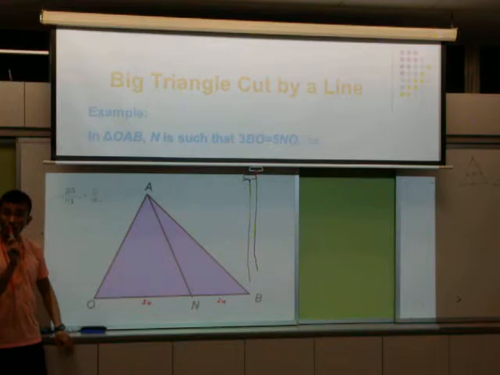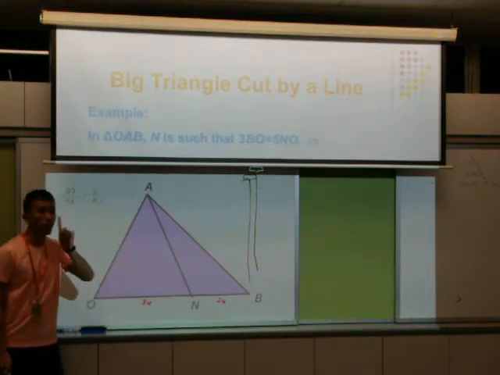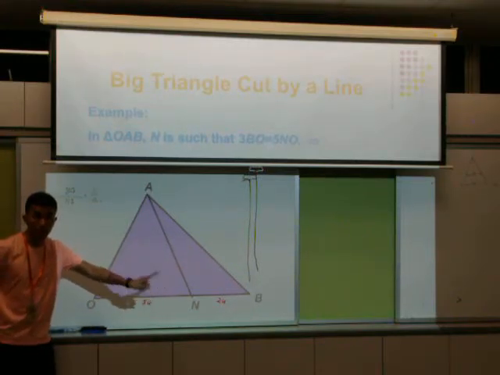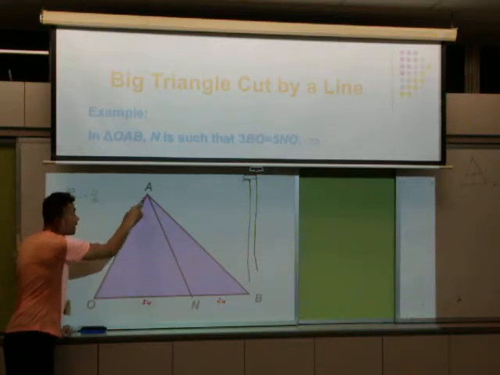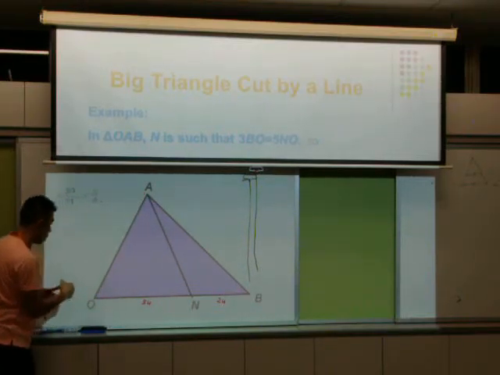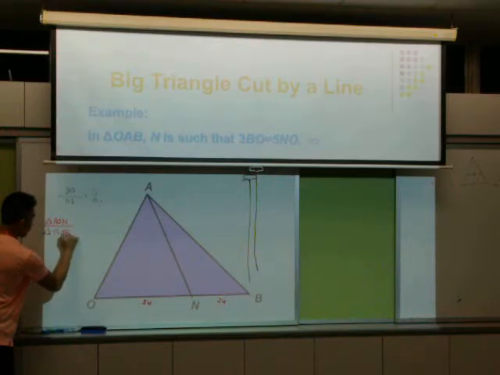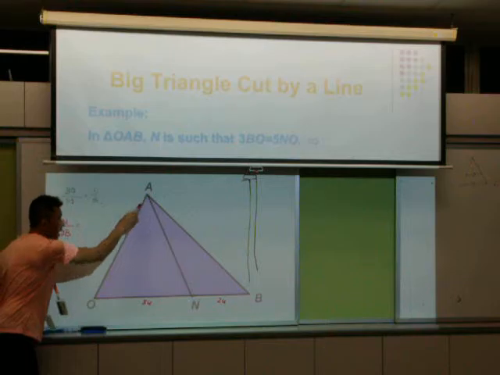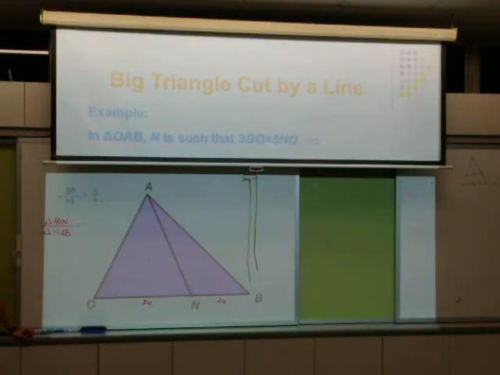If I want to compare the area of this triangle versus the one on the right hand side, what is the ratio? 3:2. But now I rephrase my question. If I want to compare this area called AO, can you tell me what is the ratio? I want this area over here versus the whole area.